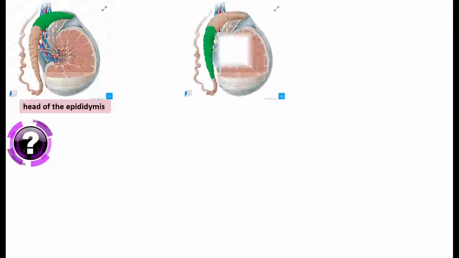This structure is called epididymis, and the green part is the head of the epididymis. It begins at the top end of the testis. Next, we can notice that the middle part of the epididymis is marked green.